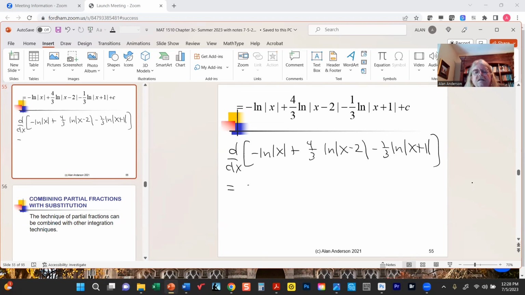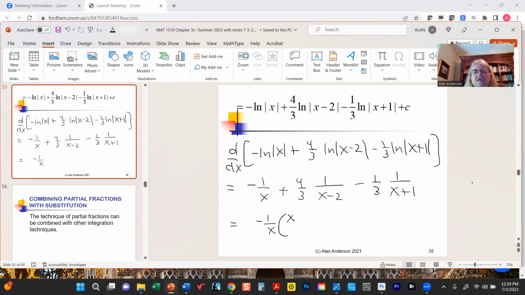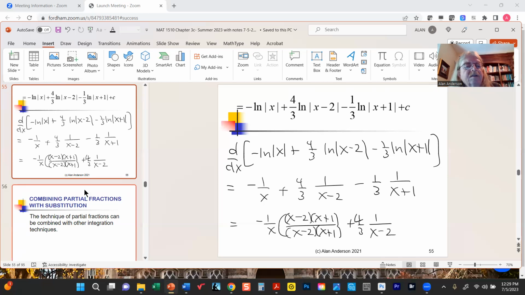So we'll have... now here you would have to combine these. Ooh, I'm running out of room, I can tell. All right, let me just move on to the next slide.